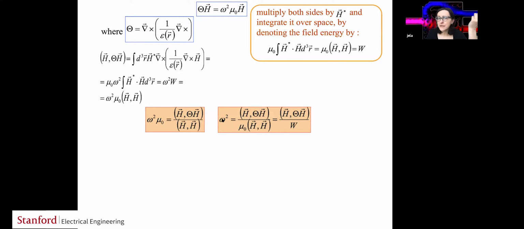You have to repeat the same process, finding a magnetic field that again minimizes this expression, but it minimizes it in the eigen subspace that is orthogonal to the lowest frequency mode that you already found. Because this is a Hermitian operator, and all of the eigenmodes have to be orthogonal to each other if they correspond to different frequencies. Does that make sense?